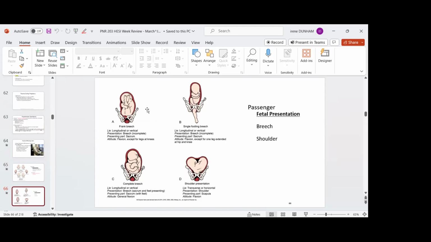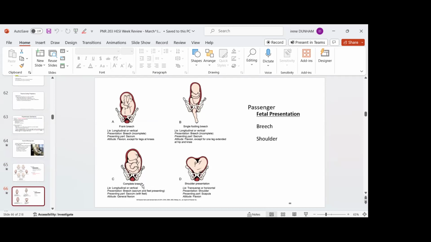Now, a single footling breech is where one leg is coming through the cervix. These breeches, we do C-sections, especially in the United States, because there are just too many lawsuits for breeches. So we do a C-section on frank, and of course on the single footling breech.